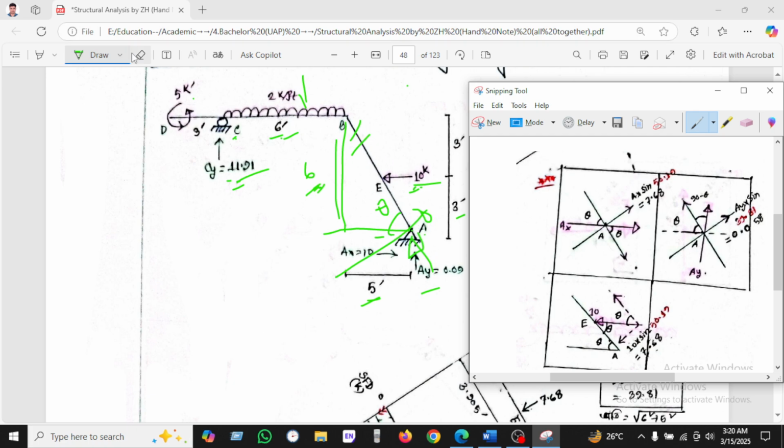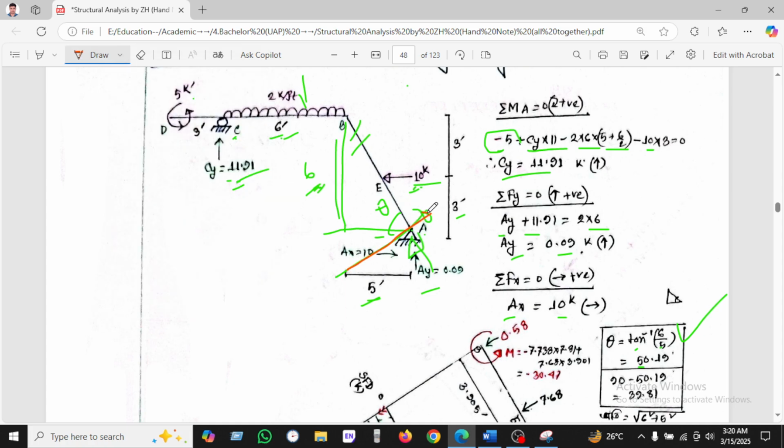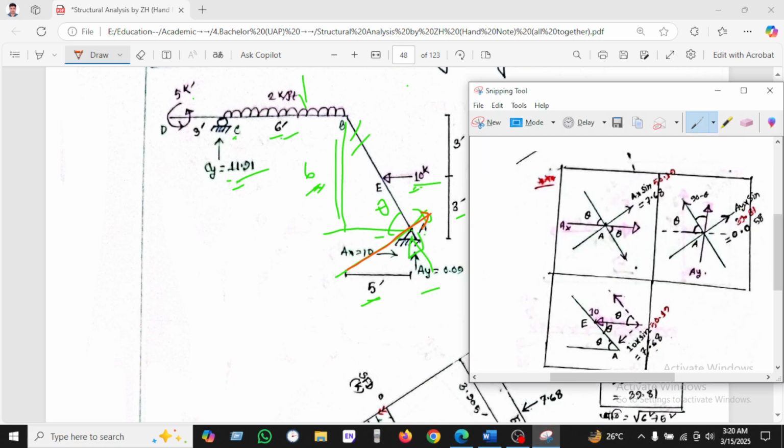This is our mechanism. I'm just taking the perpendicular here. So we take the perpendicular going here according to this. So what will be happening?